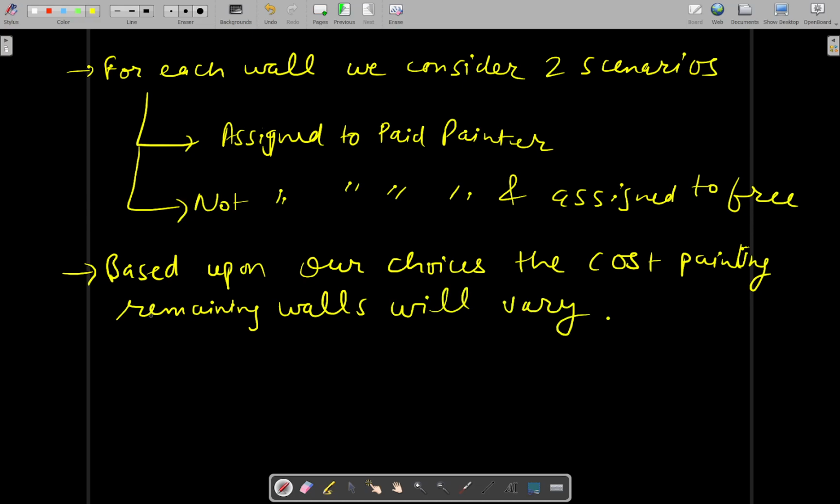So we will take the contributions of this decision to all the remaining walls.